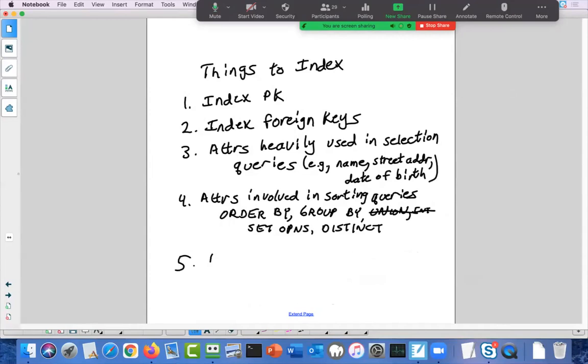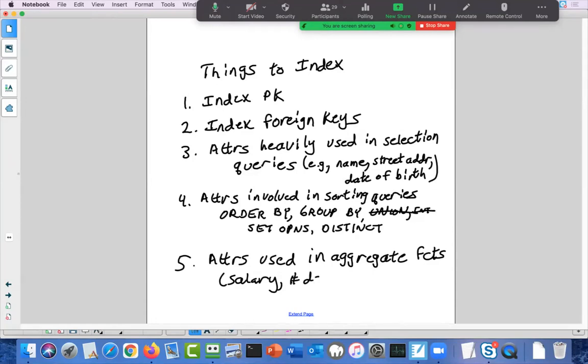Then attributes used in aggregate operations. For example, salary: you're often going to do stuff with salary. Maybe if you have number of days occupancy.